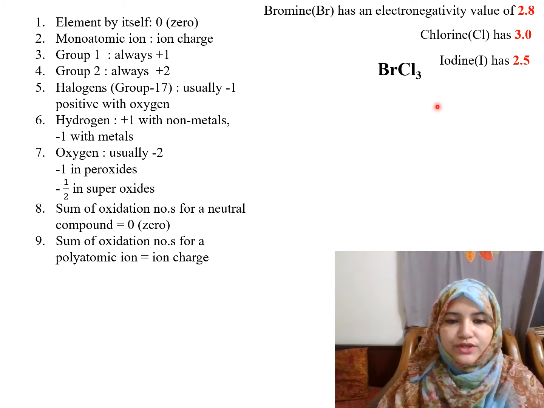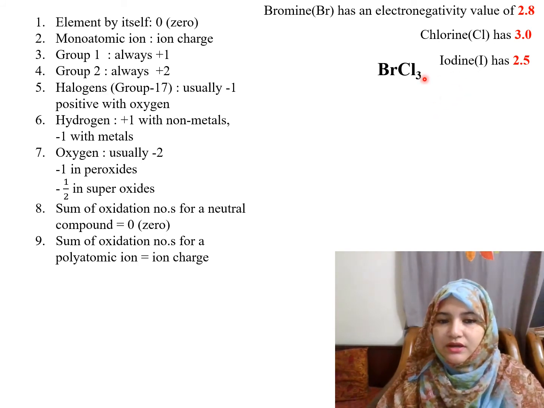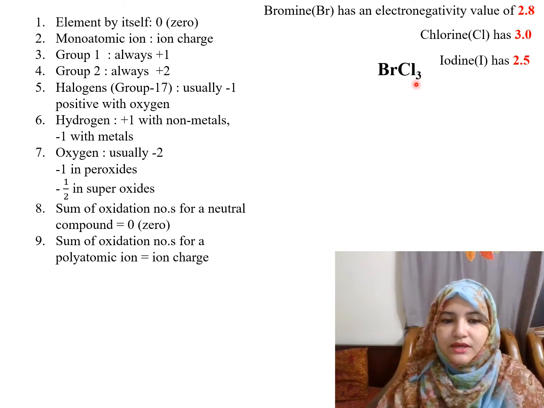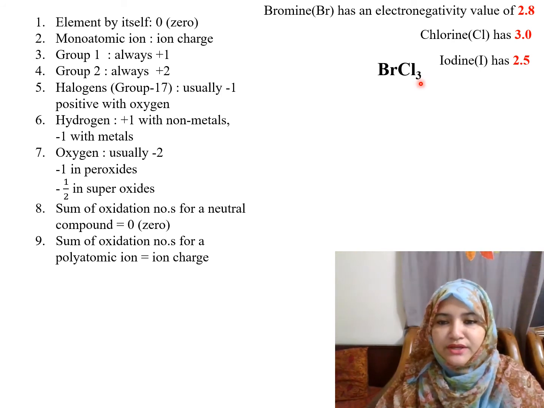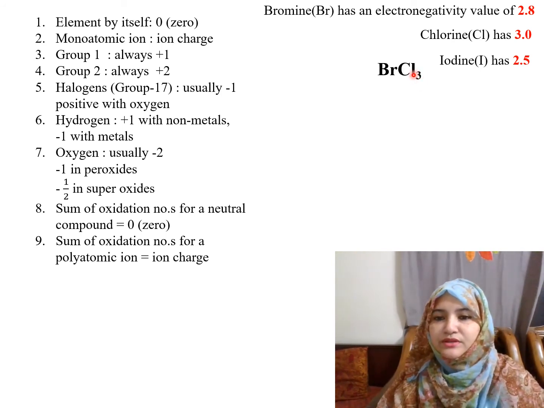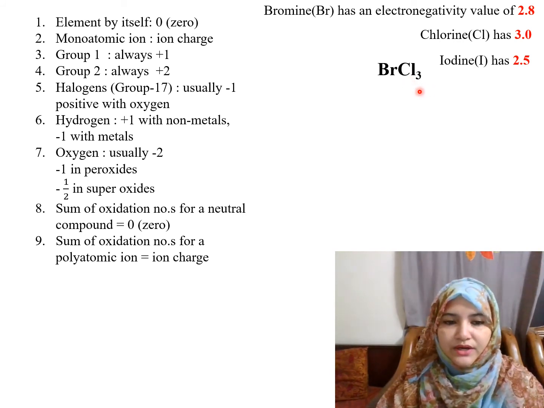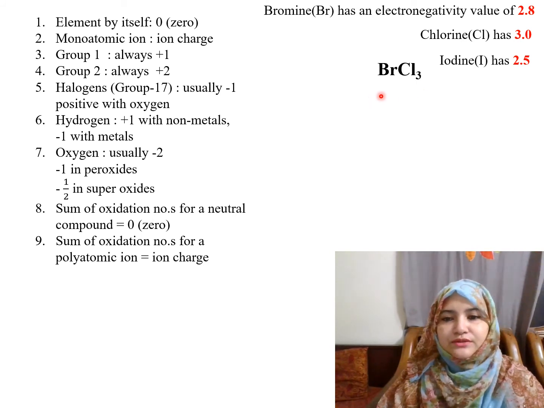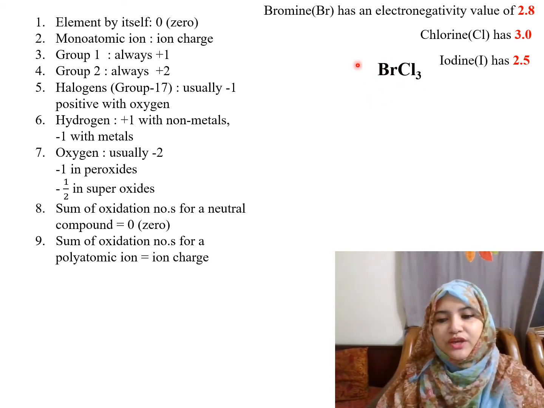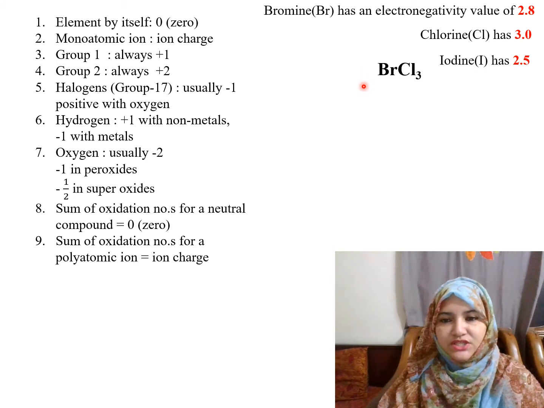Therefore chlorine is going to use its natural oxidation state, minus 1. That means chlorine, the more electronegative element, uses its natural oxidation state, which is minus 1. For bromine, we have to calculate the oxidation number.